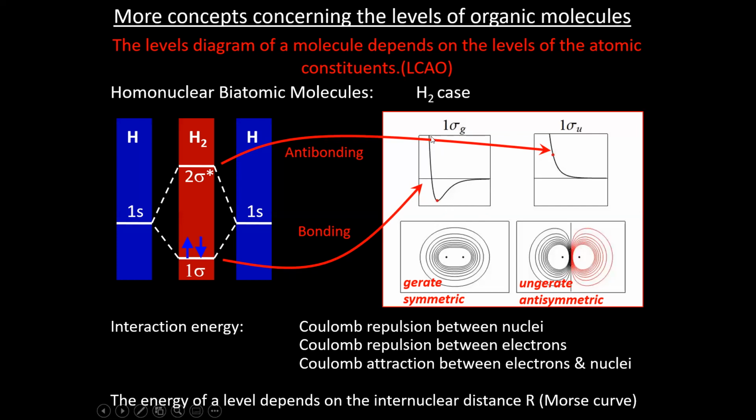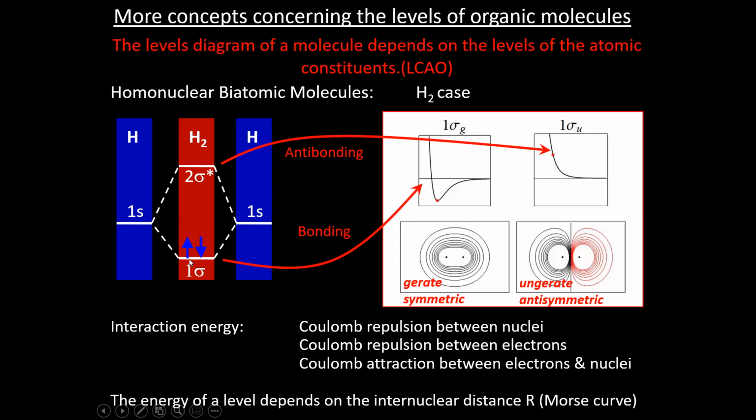If the nuclei are very close to each other, the energy of this level goes up a lot. If the two nuclei are very far from each other, this energy level is at the 0 level. They don't speak to each other. And there is a position where the energy of this level is at a minimum.